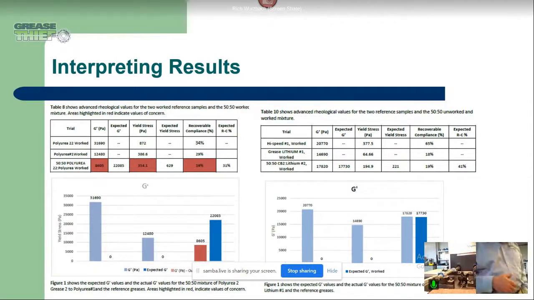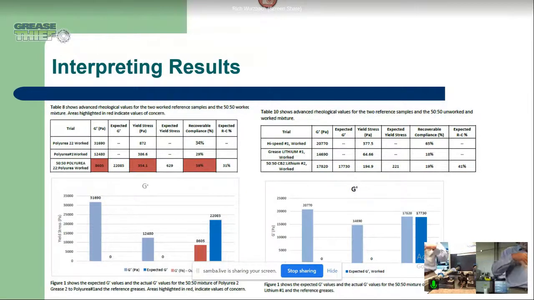And then the third property that's measured is recoverable compliance. Think about this in terms of, when you've got grease packed around a bearing and it starts to spin, the motion of that bearing pushes grease out of the way. A well-designed grease has the ability to slump back into contact with the bearing. Now, some greases, as they age or are stressed, lose that ability.